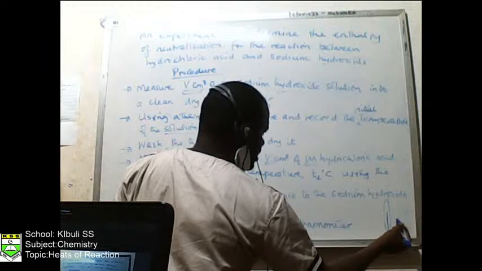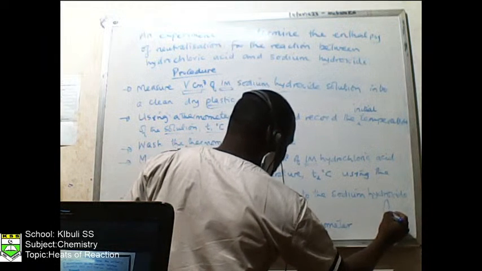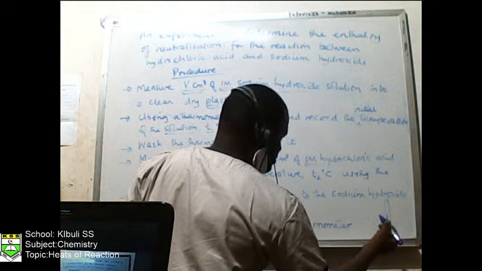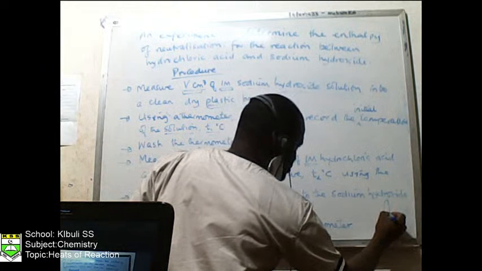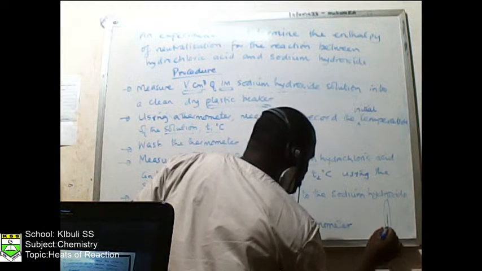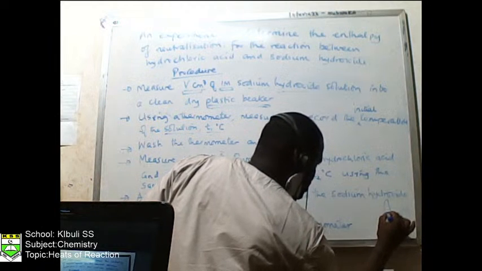And after some time, cooling starts, because this substance is interacting with the environment. So the temperature will start to fall again. But we make sure that we note that constant temperature, the final temperature is the one that we need to record.